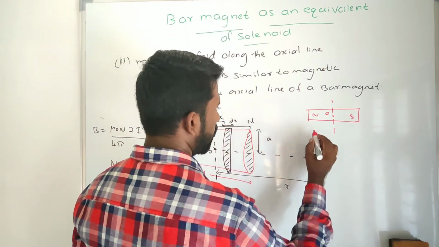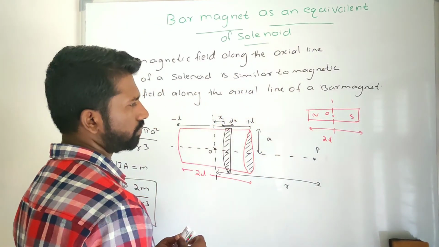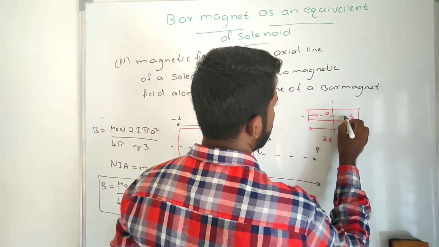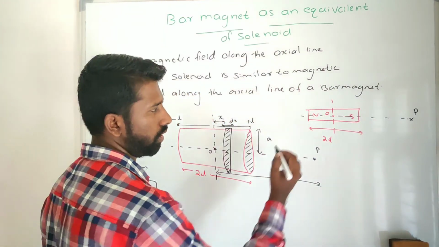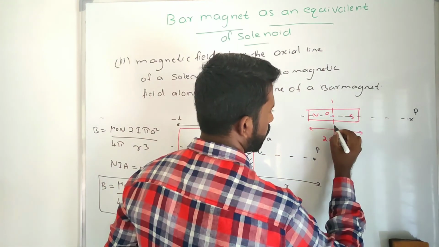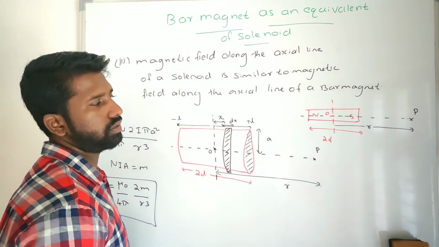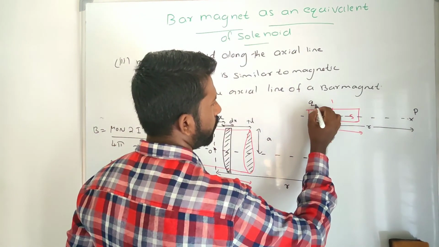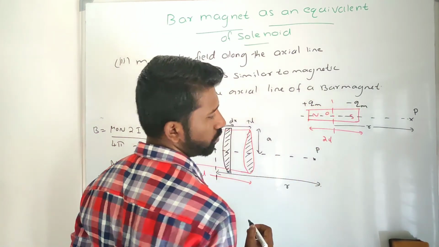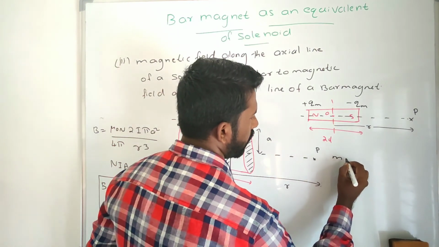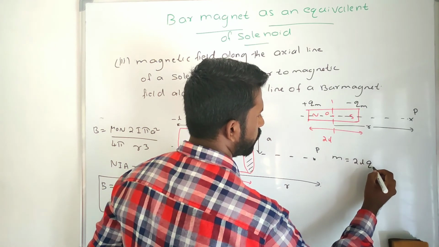The length of the bar magnet is 2L. P is a point along the axial line of the bar magnet, at distance R from the center O. The pole strength here is plus Qm and here it is minus Qm. The magnetic dipole moment is 2L into Qm.